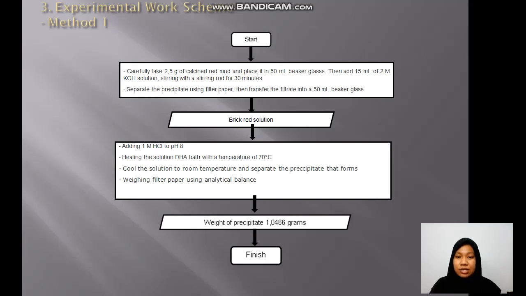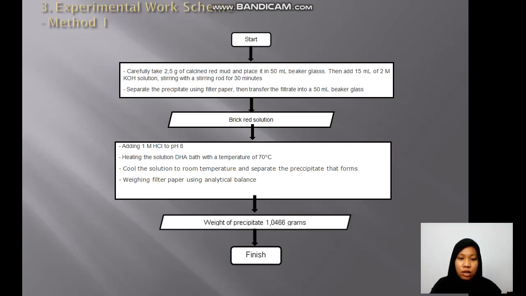Next, add 1 M HCl to pH 8, heating the solution to dehydrate, at a temperature of 70 degrees centigrade.